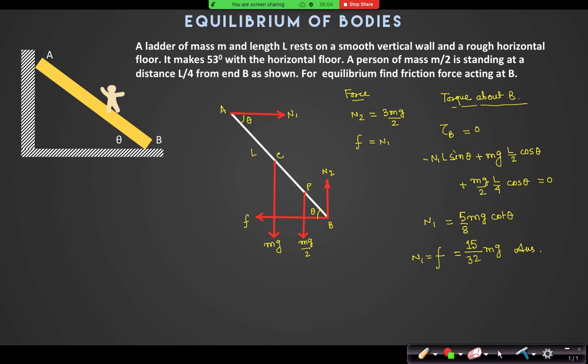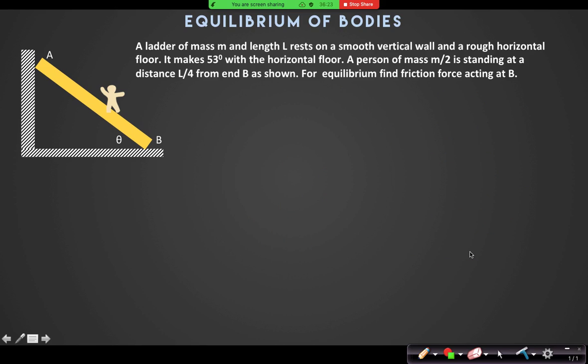Cot theta, cot 53 is 3 by 4, I think, right? Yes, 3 by 4. Yes, sir, got it, sir. Alright.